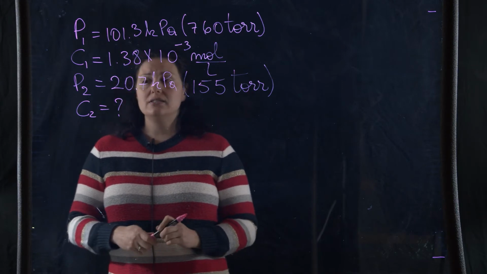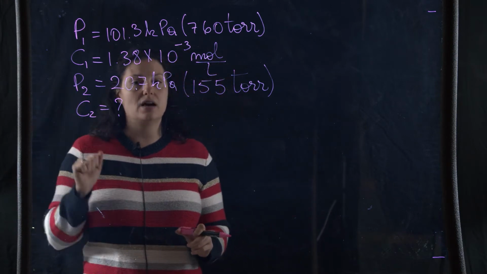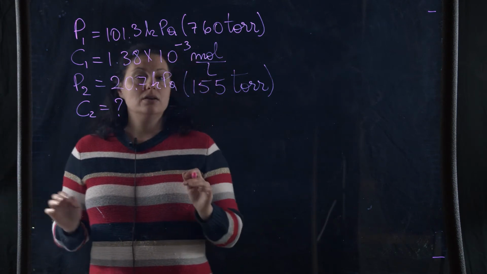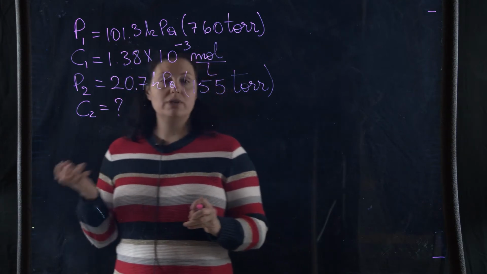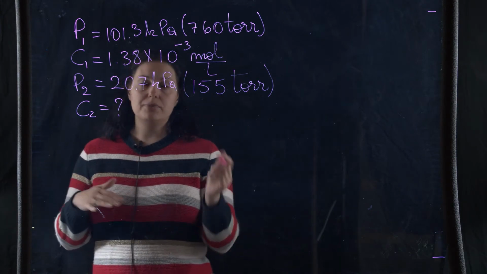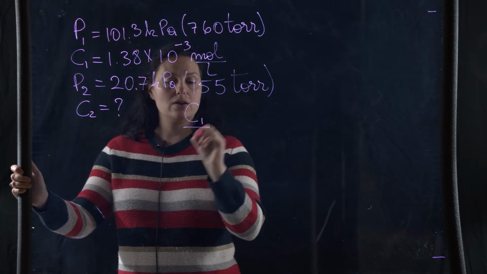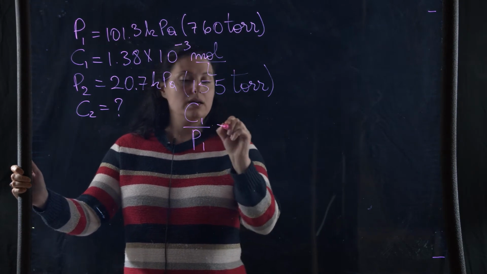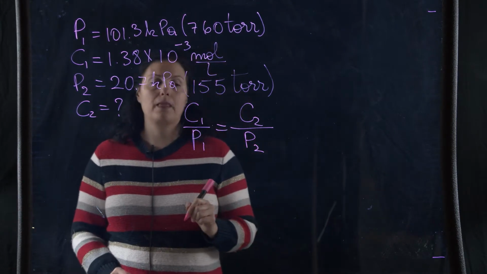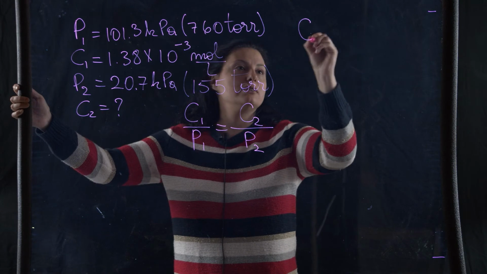We know that Henry's law tells us that the pressure and the concentration of the gas are directly related. So I can write this similar to what we saw for gases, similar to Charles's law with volume and temperature that were directly related. We can write it in the same way. So C1 over P1 is equal to C2 over P2. Okay? You can do this separately where you can use this formula.